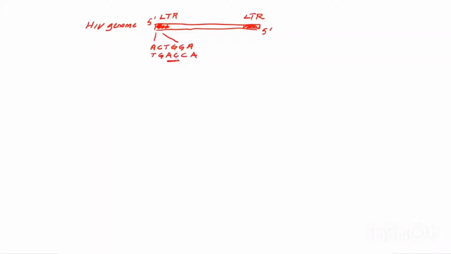And these two nucleotides right here are critical for what's going to happen next, because it's going to turn out that the retroviral integrase will remove two nucleotides from the 3' ends, both 3' ends.